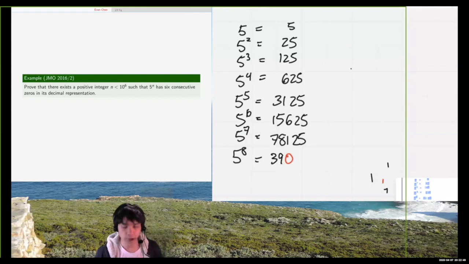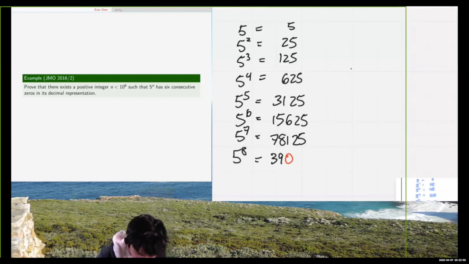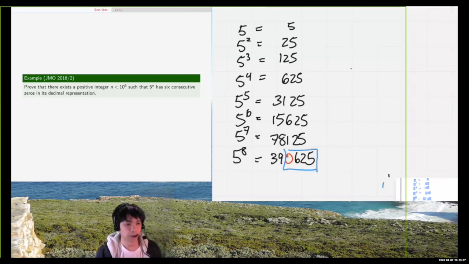But it's not so much that particular digit 0 that I'm interested in, but in fact this entire substring at the end. So this whole thing, this 0625, that 625 is something that should look familiar to you. It's like the 625 from a few rows before.